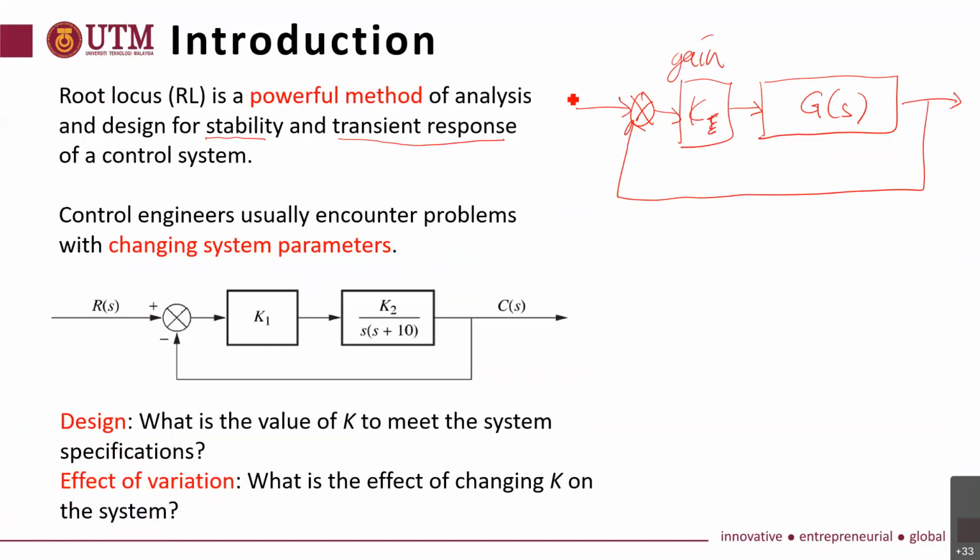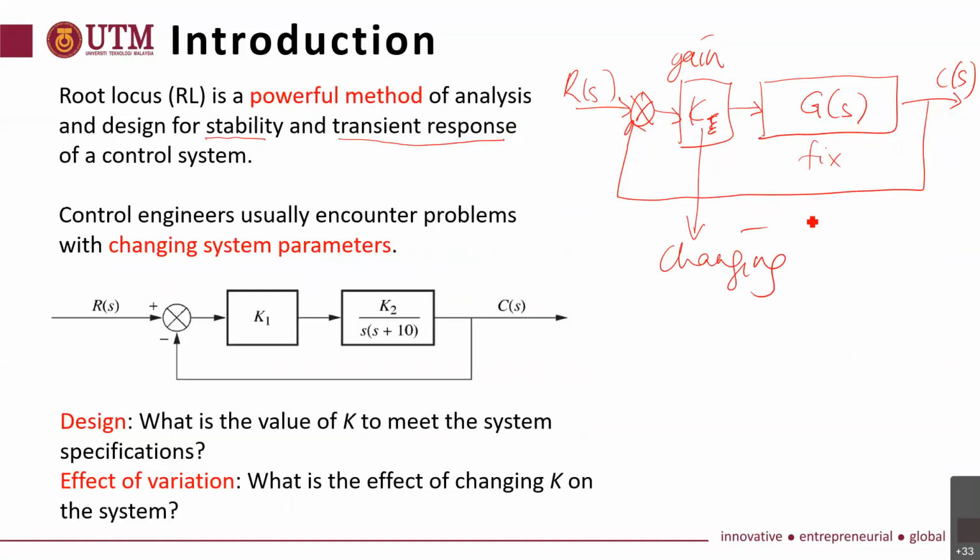This is input, output. In many cases, control engineers have problems with changing parameters. This is fixed, G(s) fixed, but we have K. K here is changing. Maybe at one point K equal to 1, K equal to 3, later K equal to 10.